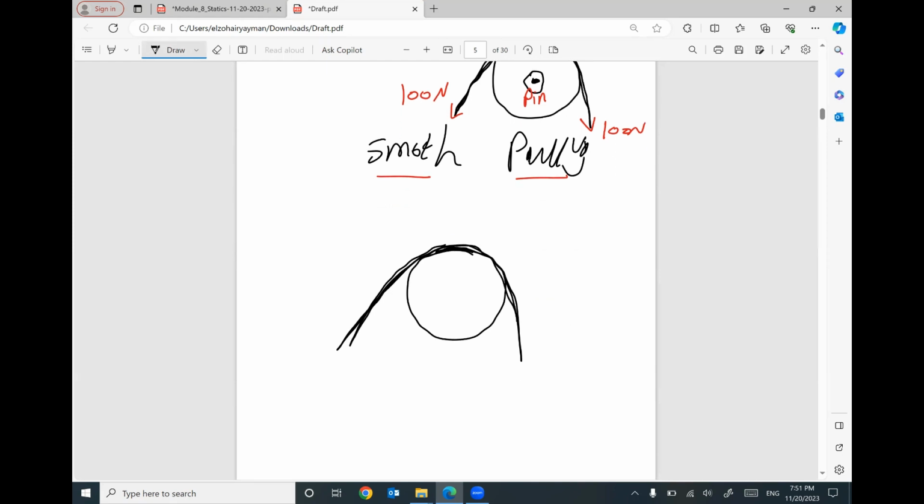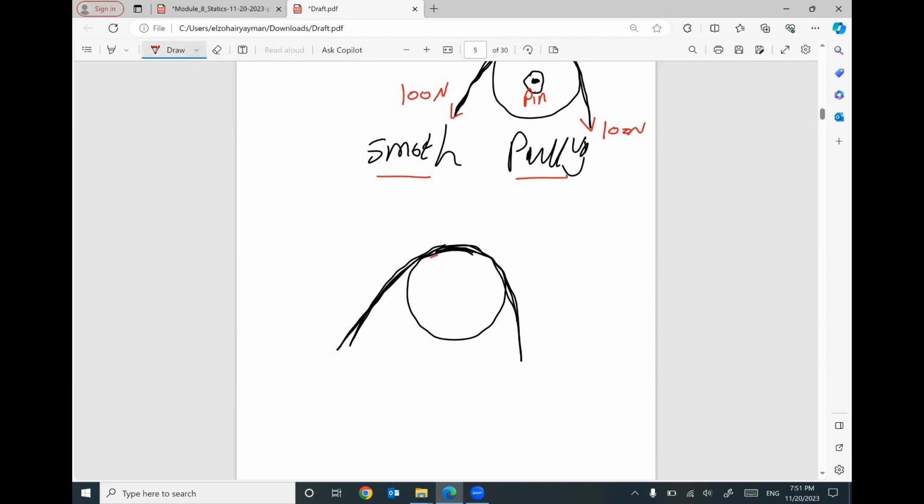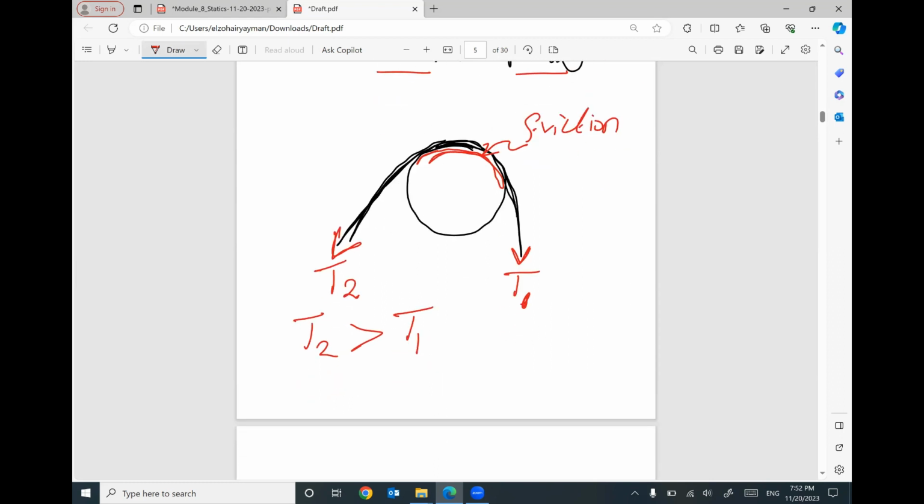In this case, because the circular surface is not rotating, we should expect friction, too much friction. And this friction will cause that if you have a force here, T1, this force T2 will be different. T2 must be greater than T1 to be able to lift the weight at T1.